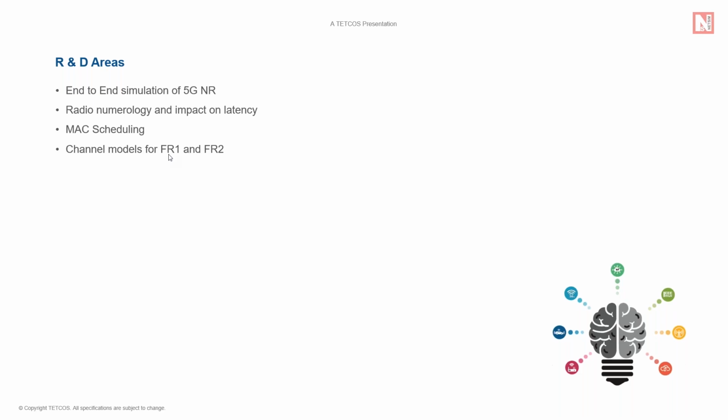These are empirical models provided by the 3GPP standardization body, but there are many different scenarios in which 5G would need to be tested, and many users are writing their own channel models and seeing the system performance of their channel models using NetSim. These are some of the areas of R&D that are currently happening using NetSim.